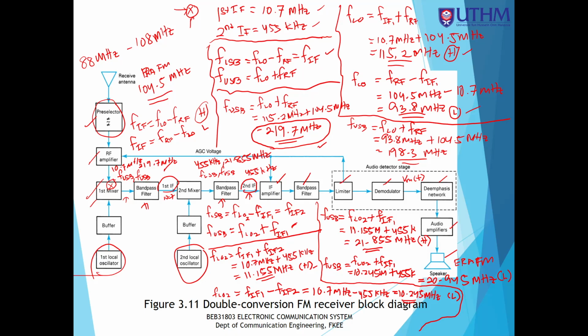Pernah ditanya dalam quiz, objective question in the author: what is the frequency at the first mixer and also the second mixer, given the input frequency is how much? We give you the input frequency and we give you the local oscillator frequency, and how much is the output of the first mixer and also the second mixer. It is a very easy question.